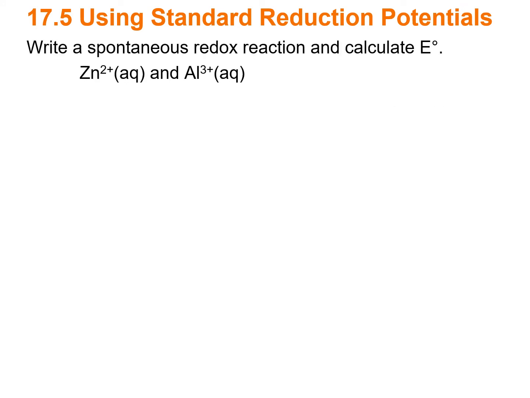Okay, so let's look at what the spontaneous reaction we would expect if we have zinc and aluminum 3 plus. If I give you the standard reduction potentials of both of those, we get negative 0.76 for zinc 2 plus, and negative 1.66 volts for the reduction potential for aluminum.